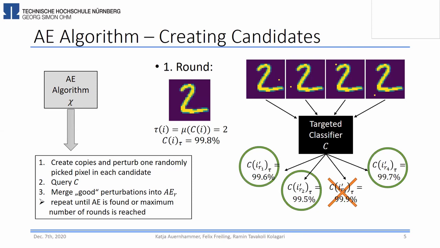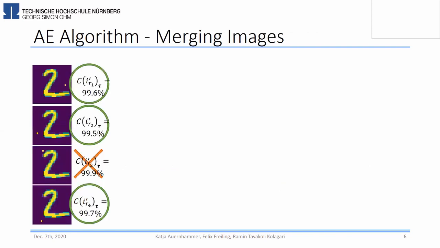This image will not be used in the next step. It will be skipped. So the first thing the adversary example algorithm does is to rank all these perturbations according to the implications they have on the classification result.